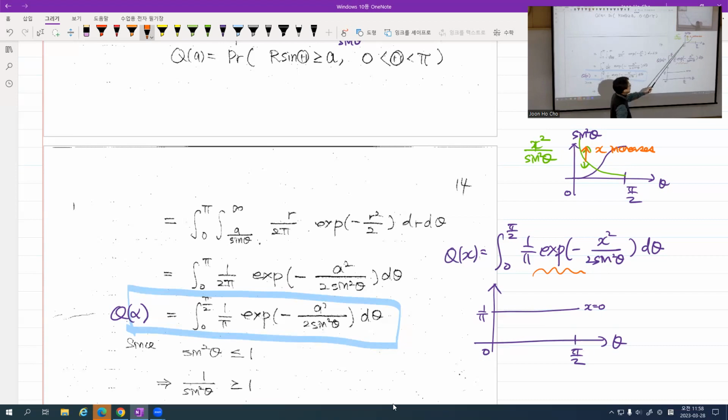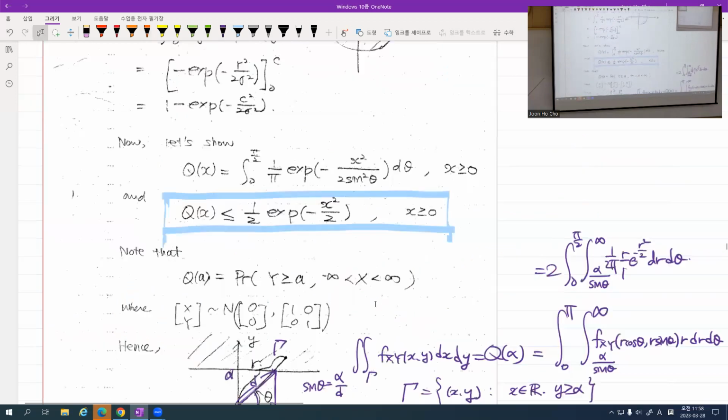Actually, it goes to 0. But anyway, it's a very smooth function, which means that you can apply numerical integration within a finite interval. This is very important. The original Q function required some cutting off.